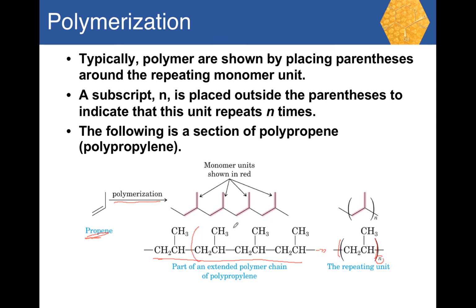So here's the repeating unit because it's the same here and it's the same here. So we just put the repeating unit and put n. Using line angle structure, we get that. So this is a polymer known as polypropylene.